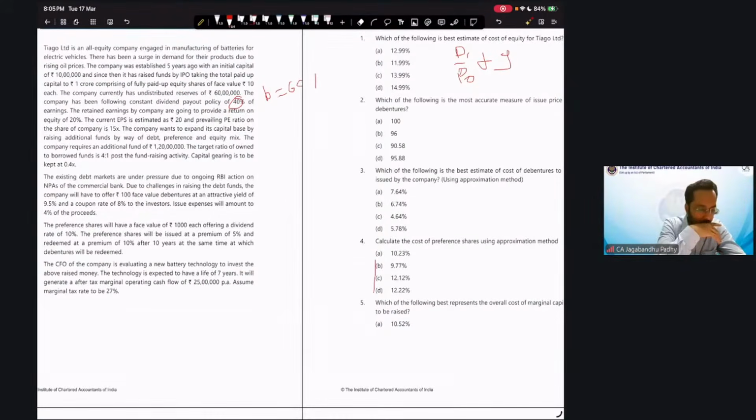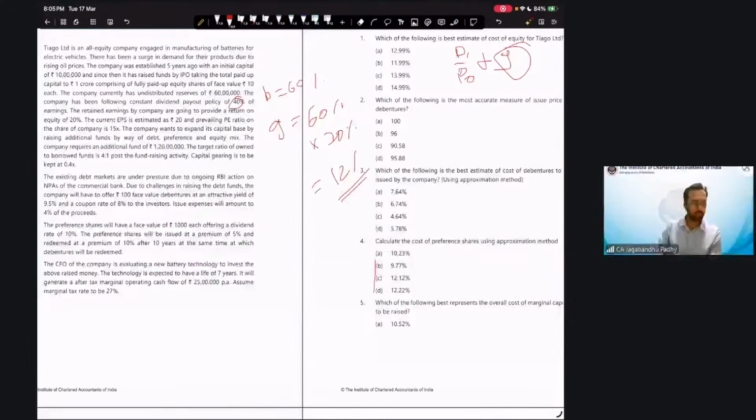Earnings are going to be reinvested at 20%, so growth rate is going to be 60% into 20%, which is 12%. So growth rate is 12%.